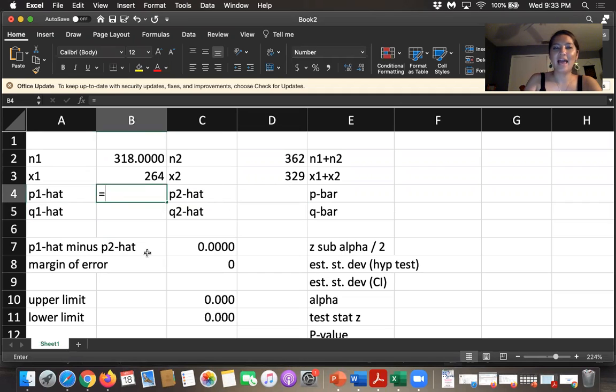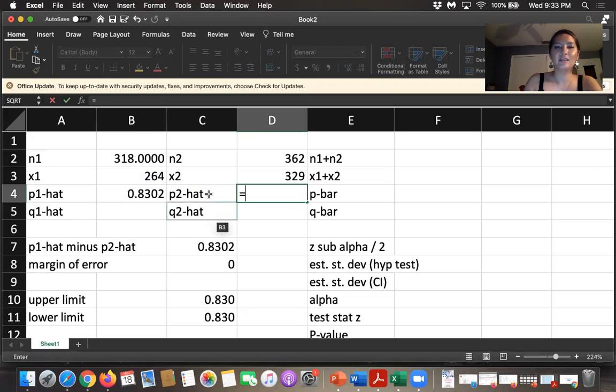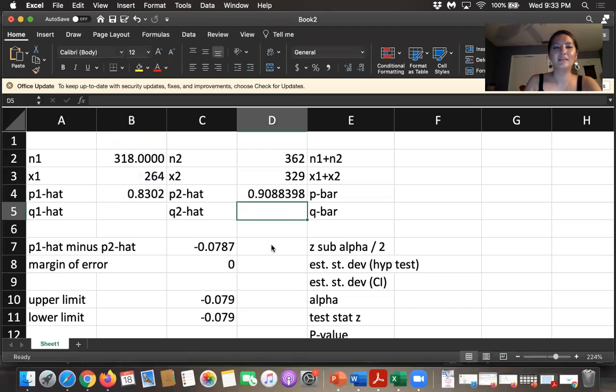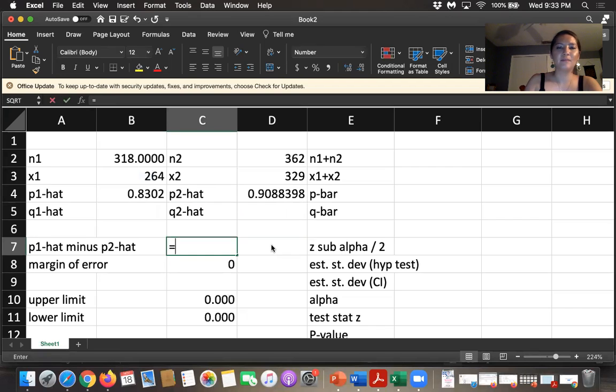Now P1 hat is the number of successes in that first sample divided by the sample size. And similarly, for P2 hat, we get the number of successes in that second sample divided by the total sample size. So now I've got P1 hat and P2 hat, and then down here, I have Excel computing P1 hat minus P2 hat, and it's giving me that.